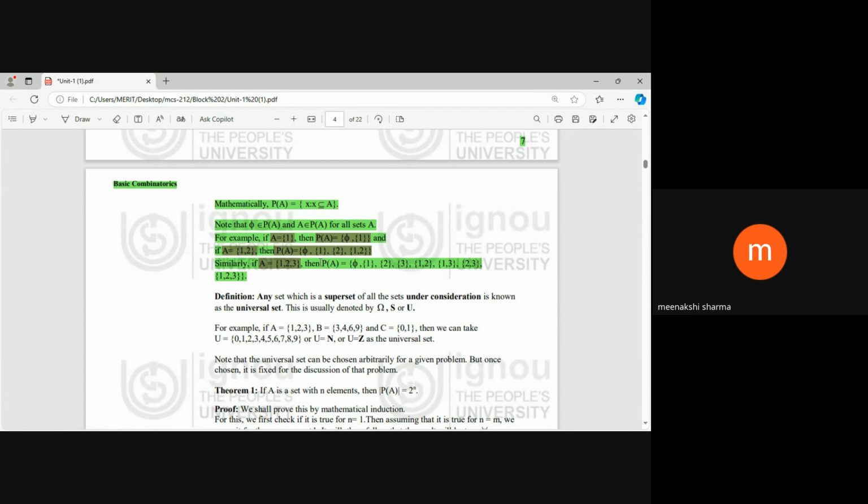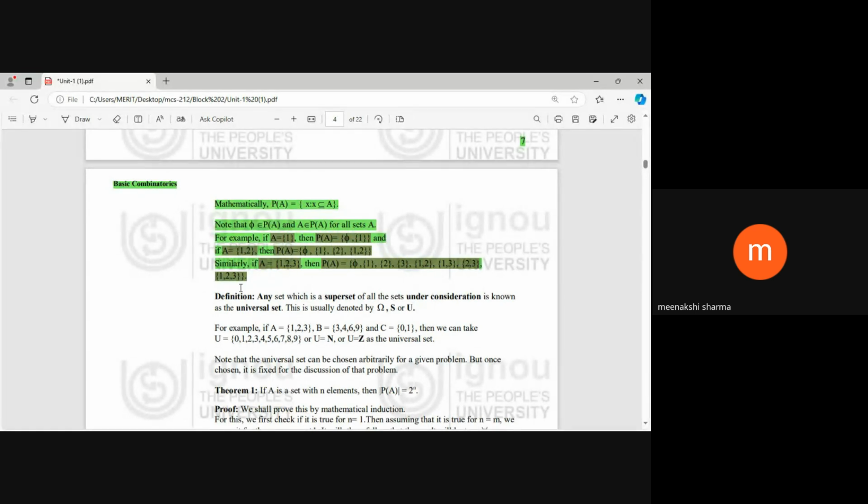Then the power set of A: firstly, we consider the empty set, then we use {1} separately, then {2}, {3}, then {1, 2}, then {1, 3}, then {2, 3}, then {1, 2, 3}.